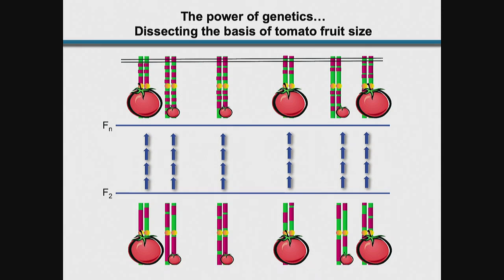The important thing about what I just showed here is that, remember, we have several hundred individuals in the F2, right? And they each have different associations between genotype and phenotype.